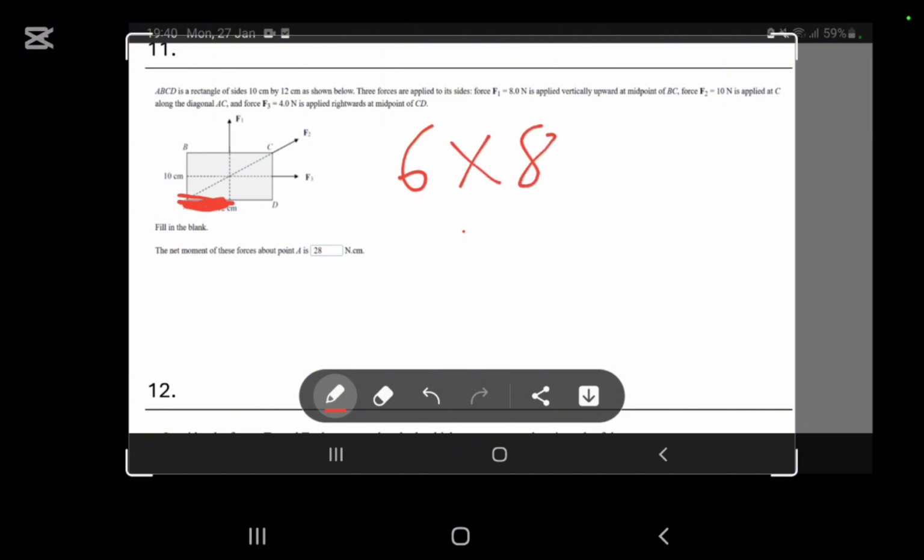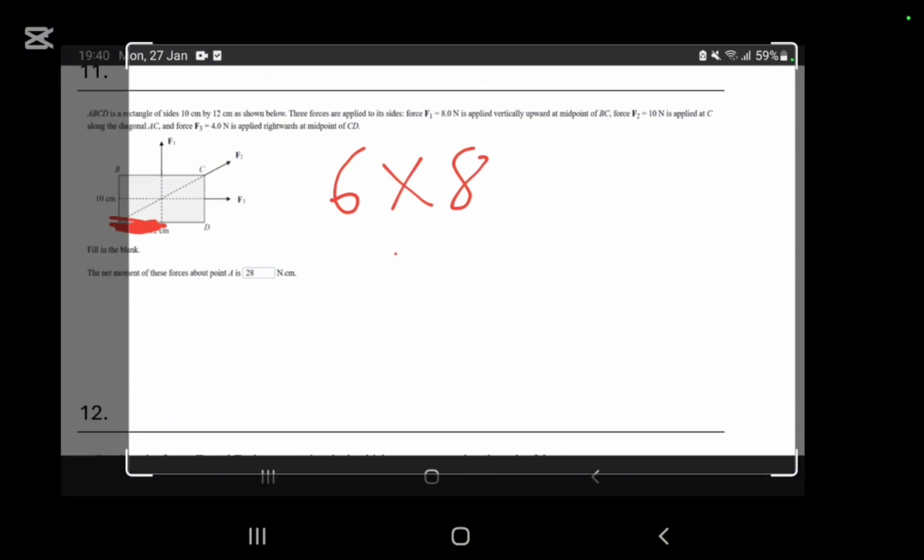But we have to find out if the force is positive or negative. As I said before, if the torque is moving clockwise, the moment is negative, but if it's moving counterclockwise, the torque is positive.